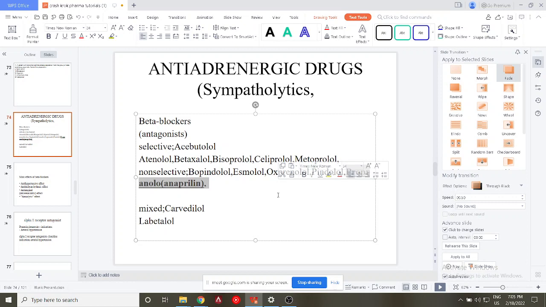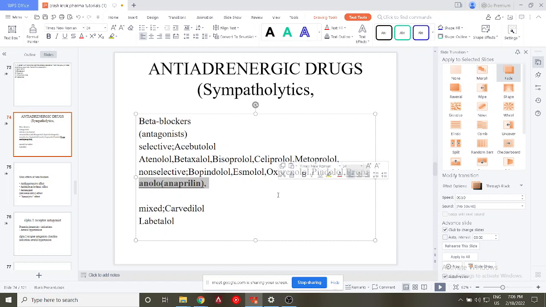And why I'm trying to emphasize selective and non-selective is because if you give an asthmatic patient a non-selective beta blocker, it can cause bronchoconstriction and the person is going to have an asthmatic attack. So you should never give an asthmatic patient a non-selective beta blocker.